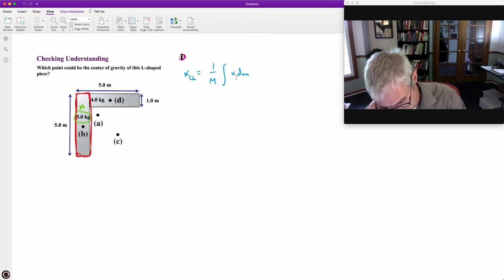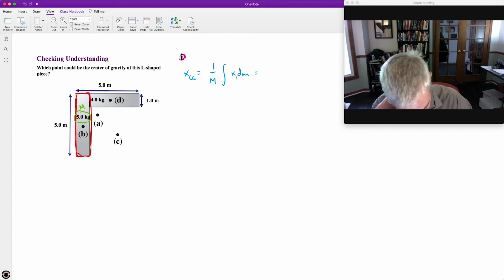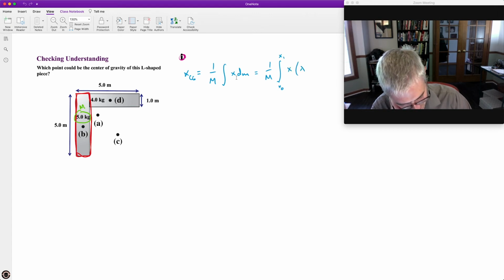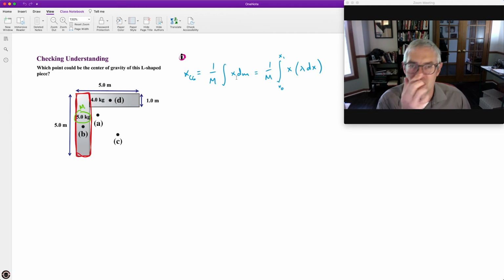Now, what we do with this dm is that we change it around a little bit, so the integral becomes 1 over m, and then we go from x0 to x1 of x, and then that dm, I change it where I use the linear mass density times dx.